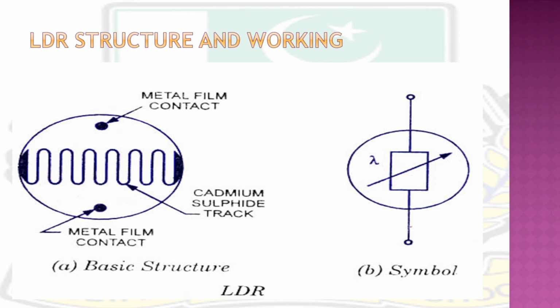When the light frequency exceeds a certain threshold, the photons absorbed by the semiconductor give band electrons the energy required to jump into the conduction band, and this causes free electrons or holes to conduct electricity, thus dropping the resistance dramatically, you can say to kilo ohms. So this is the phenomenon related to LDR structure and working.